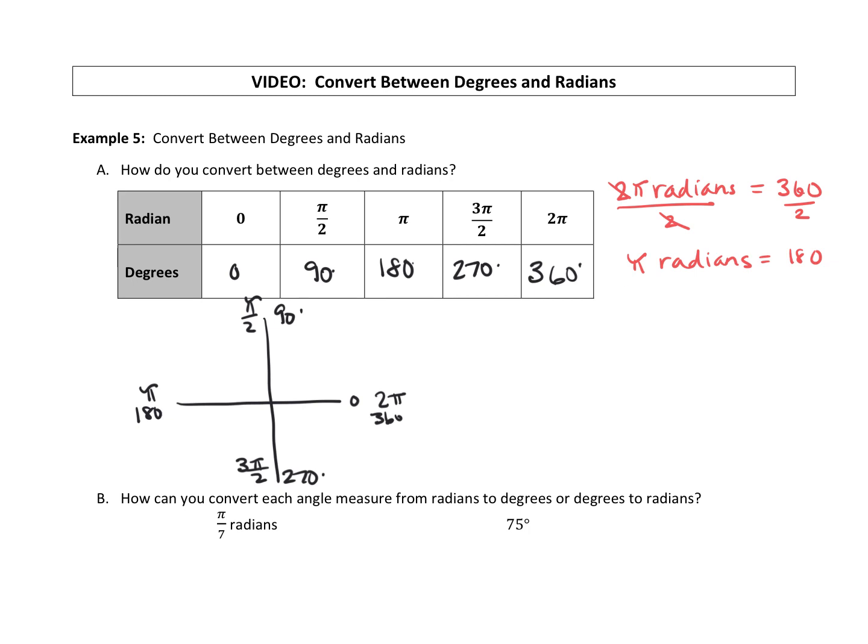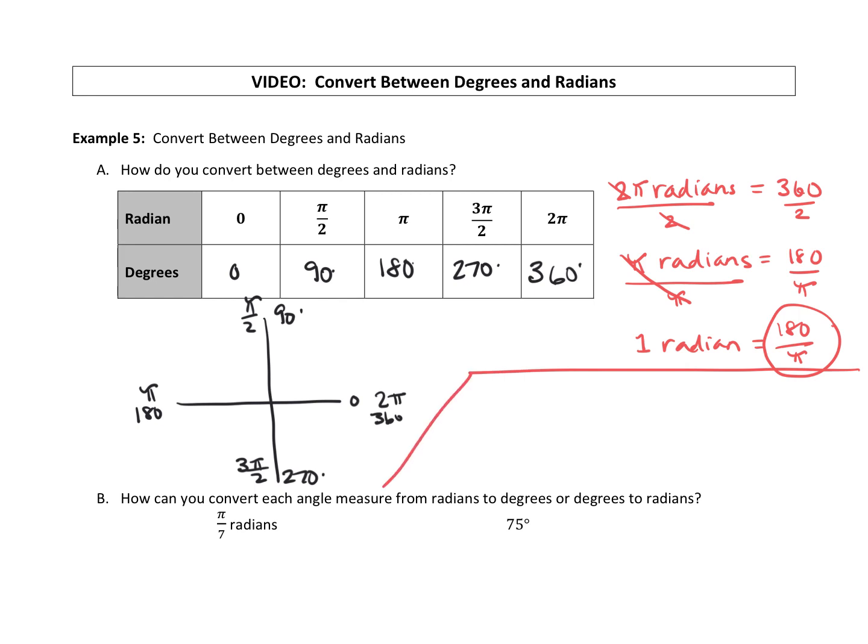Now, if we divide both sides by pi, we're left with 1 radian is equal to 180 over pi. So we are going to use this 180 over pi, and that's going to connect to what we're going to do next.